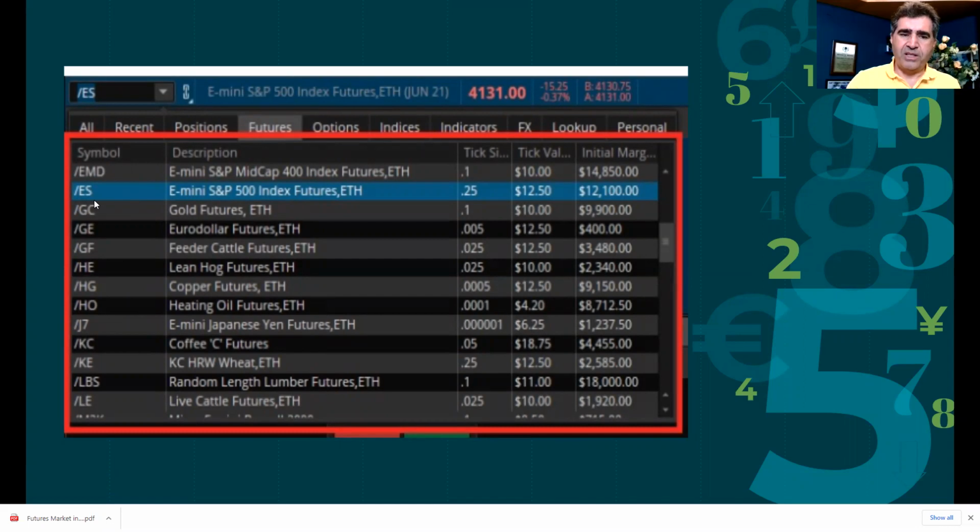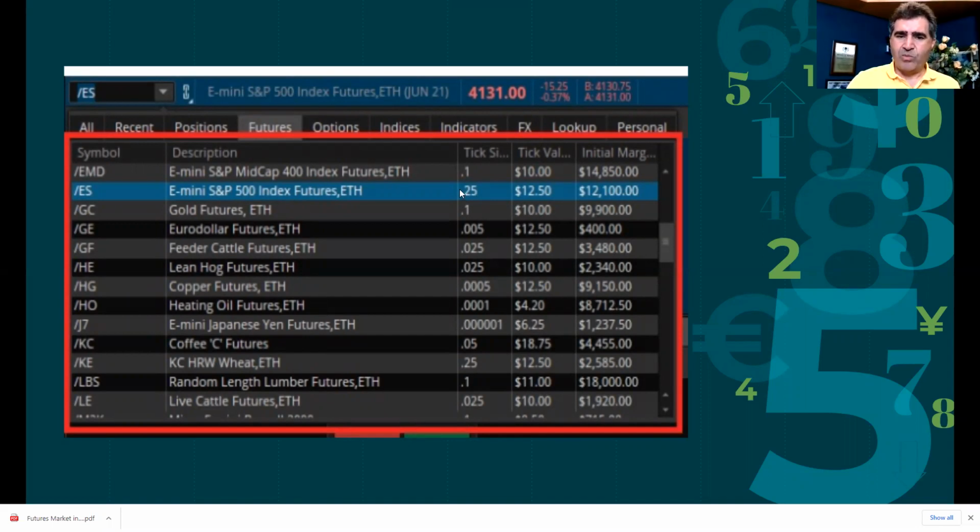So since we're talking about E-mini S&Ps, for instance, this gives you all the specs we just talked about. So you don't really have to do a lot of different studies. You can see, for instance, in thinkorswim, as of last night or this morning, that your ticks are 0.25. That's the minimum movement it will have.